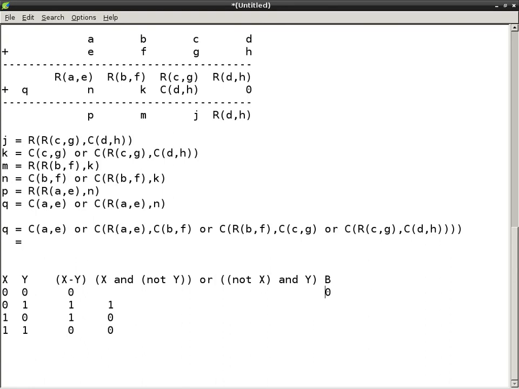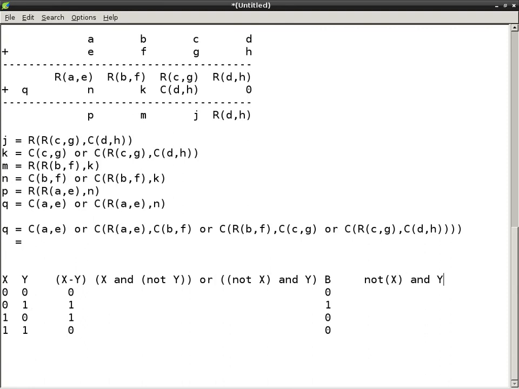The borrow flag seems a little bit difficult, but it actually is an easy one. The borrow flag is true only when X is a 0 and Y is a 1. So how should we express that? Not X and Y. Exactly. So it's just not X and Y.